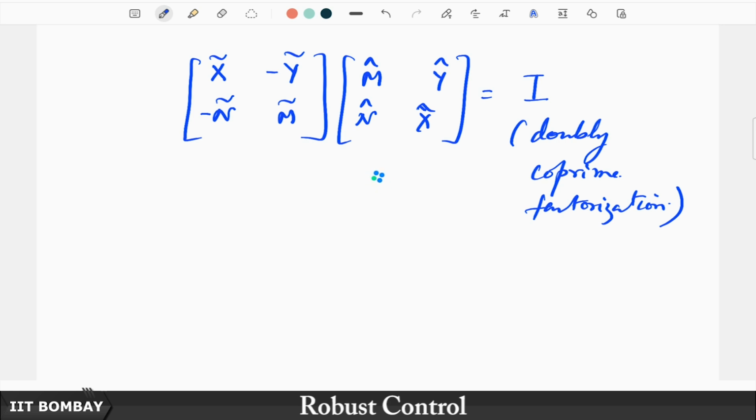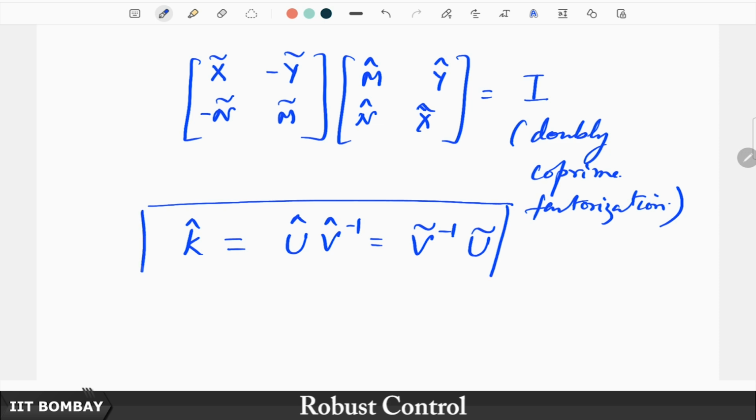So, now what we are going to claim, in the same spirit as we have done for the scalar cases, is that if you choose a controller of the form U hat V hat inverse, which is its right coprime factorization, or V tilde inverse U tilde, which is its left coprime factorization, okay, then this is what we are looking for.